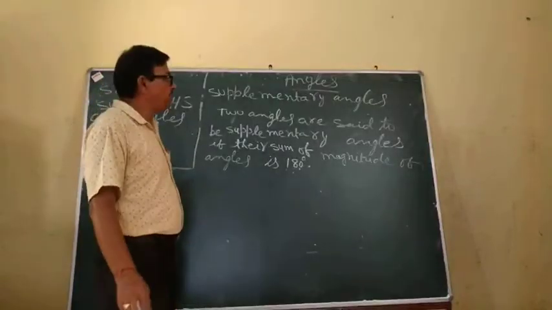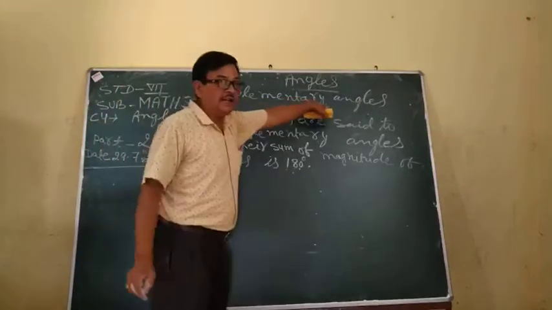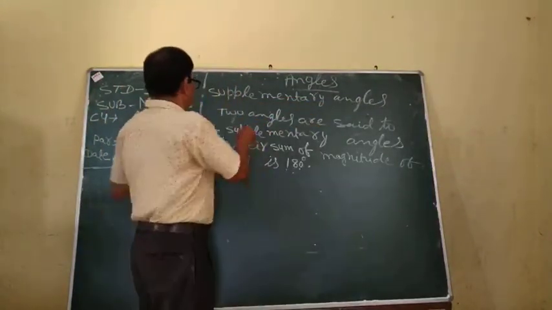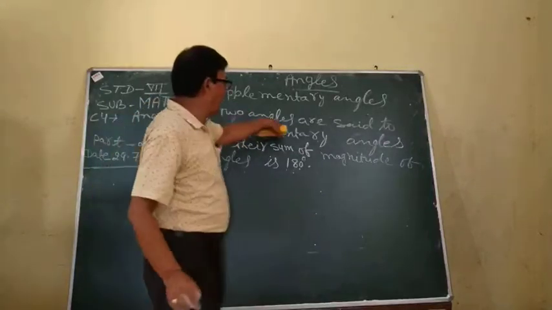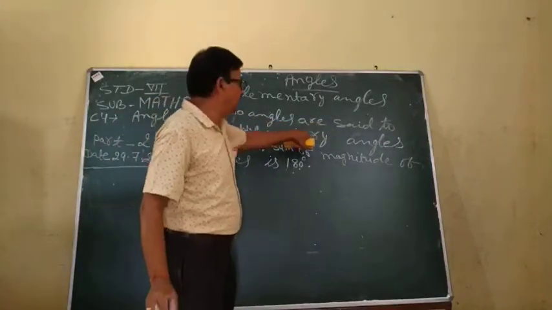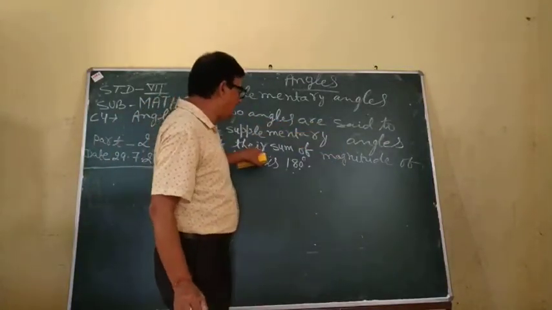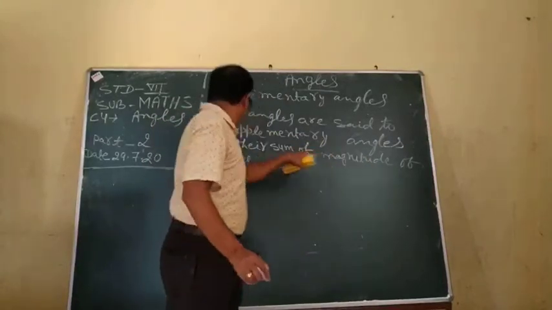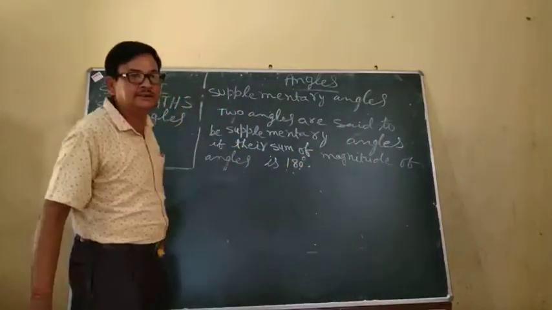Now to discuss supplementary angles. Two angles are said to be supplementary angles if the sum of their magnitudes is 180 degrees.